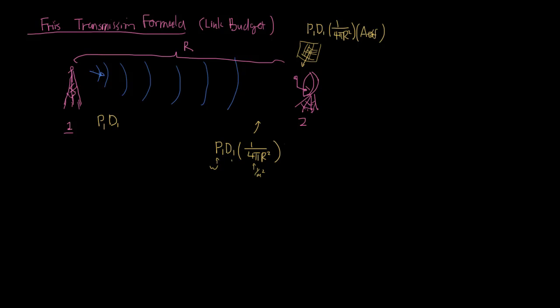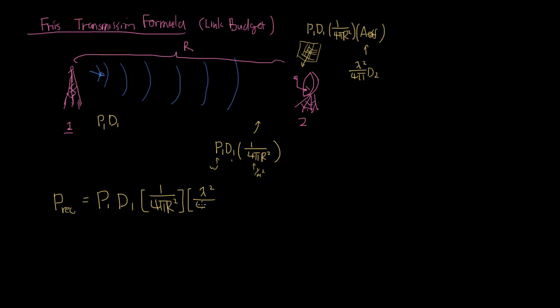So to put it all together, the power received is going to be equal to P1 times D1 divided by 4 pi r squared, multiplied by the effective area. And the effective area, if we go back to that discussion, is related to the directivity of the receive antenna through the expression lambda squared over 4 pi, times D2. So let's plug that in here.